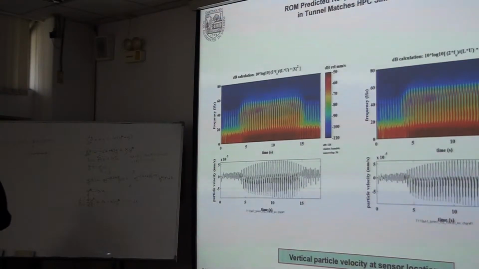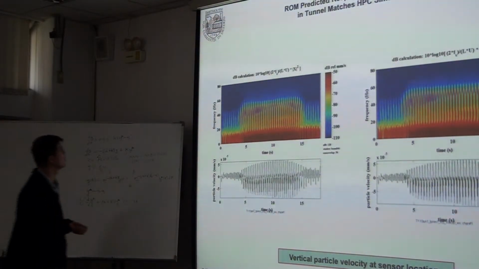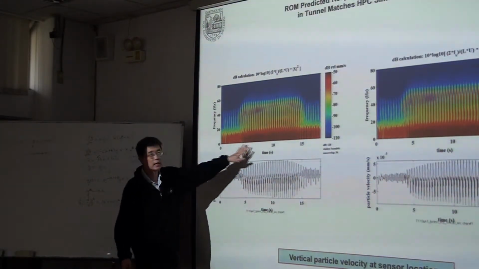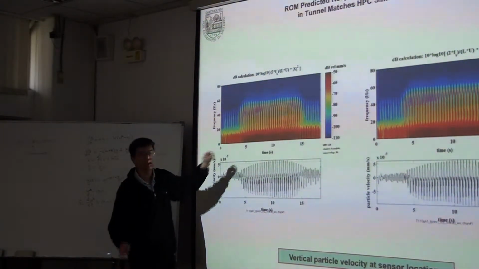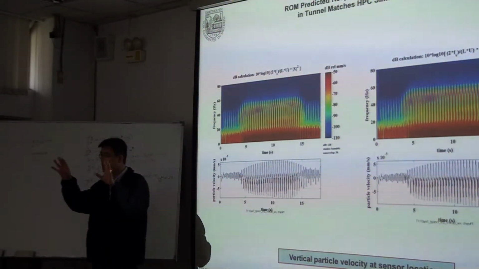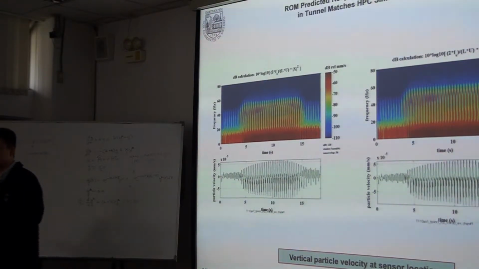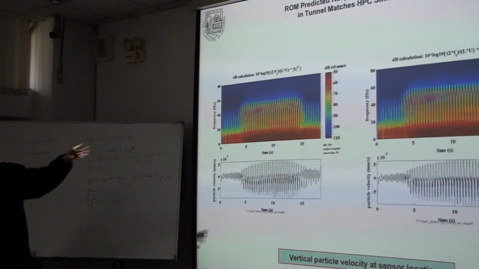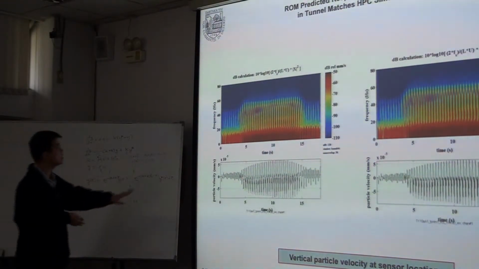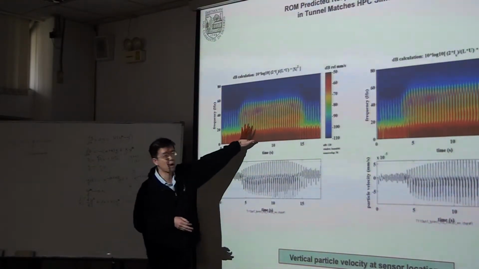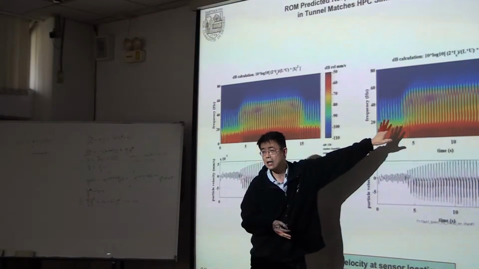This is another way to compare how good the model is, using a spectrogram, which is a plot of frequency versus time. In these spectrogram images, our eye can very quickly see any differences in the signal. Our eyes are very good at picking out patterns in images. You can see this is the supercomputer model, this is our system ID model.